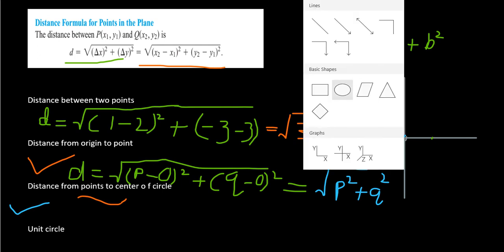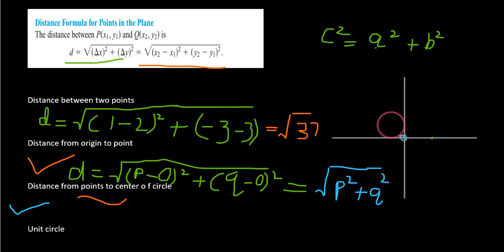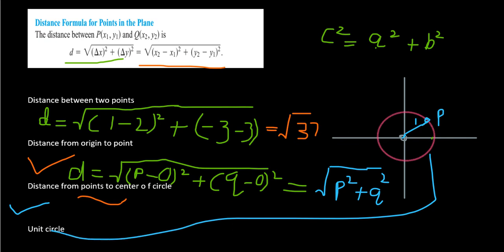Unit circle has center as origin and its radius is 1. So the distance between center to this point, that you may say as P, must be equal to 1, then you may say it as unit circle.